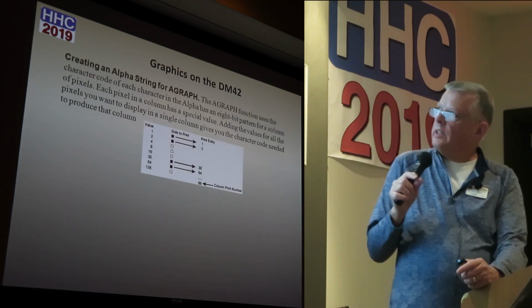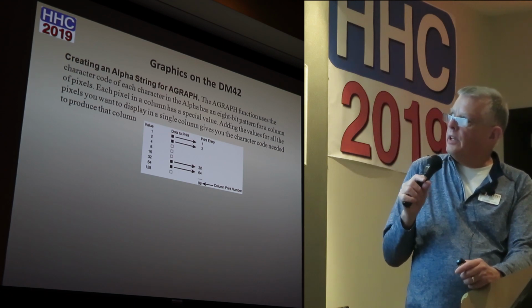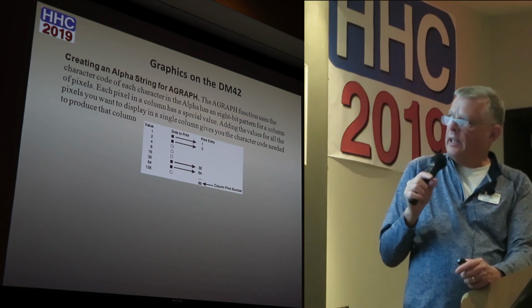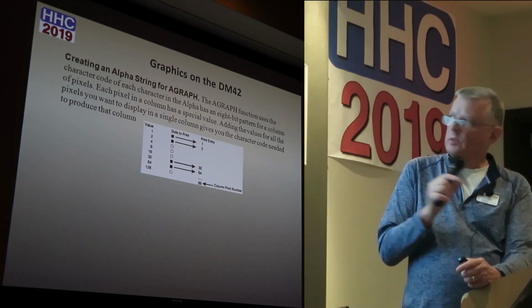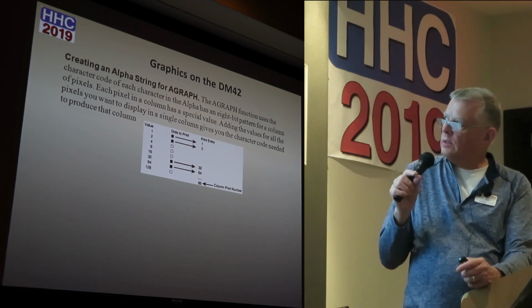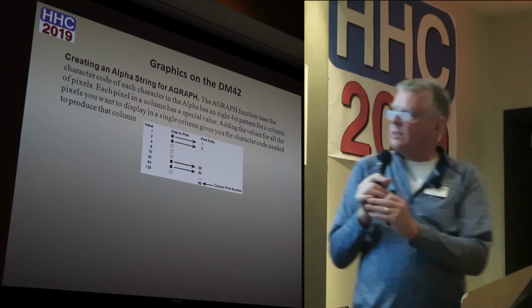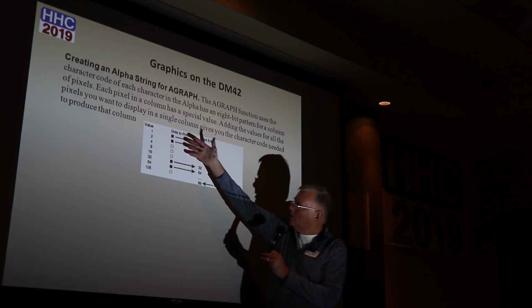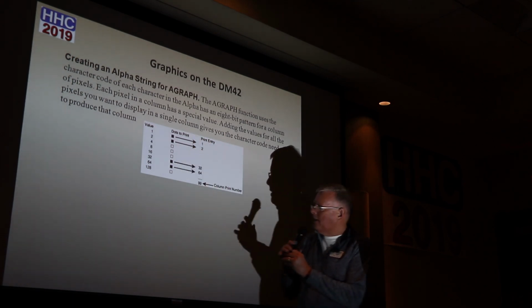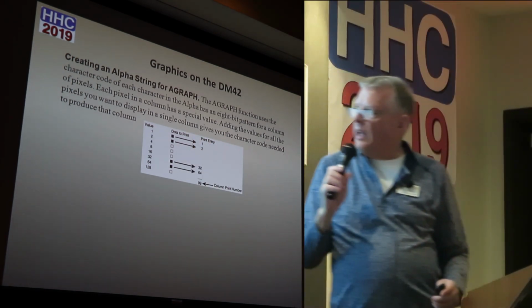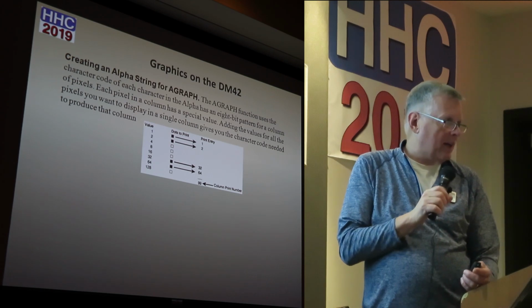So here's graphics on the DM42 for creating an alpha string for a graph. You're actually creating a vertical dot pattern. So you've got 7 dots and 8 dots, and that ends up being a column print number of 99.